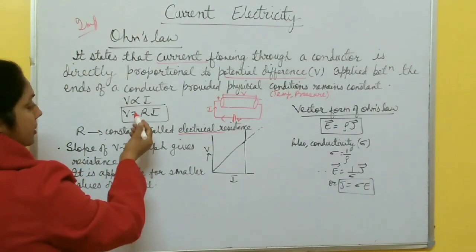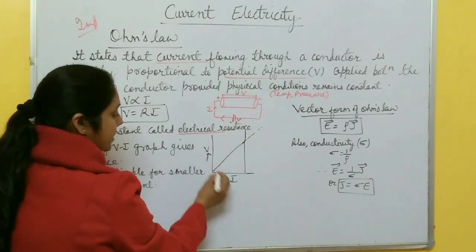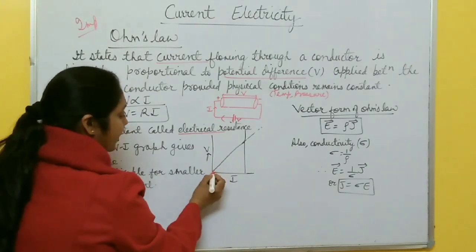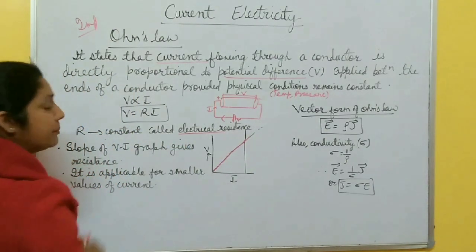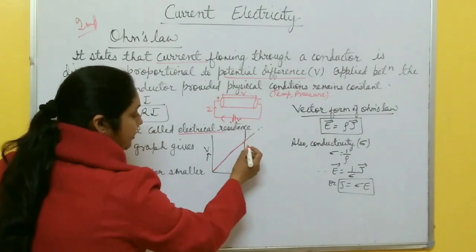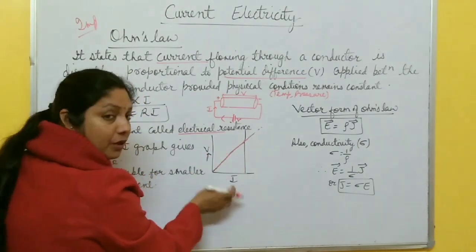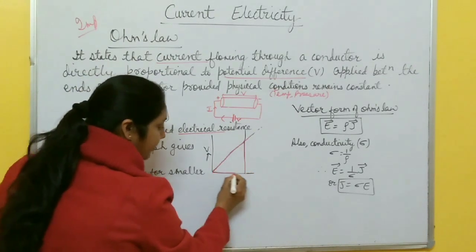Now when you draw a graph between V and I, with V along the y-axis and I along the x-axis, you get a straight line passing through the origin. This represents Ohm's law. When you calculate the slope of this graph, slope means y-axis by x-axis.